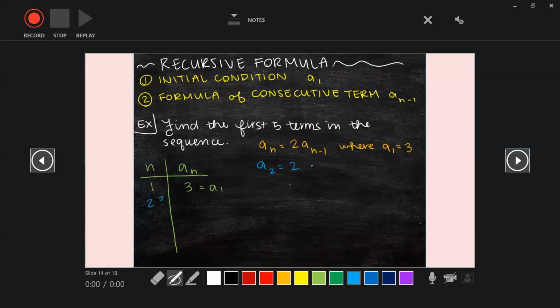So that equals 2 times a sub 2 minus 1, which is going to be 2 times a sub 1. What did we say a sub 1 was? Yeah, the initial condition, but in this example, it's going to be 3. So we're going to have 2 times 3. So here it's going to be 6.